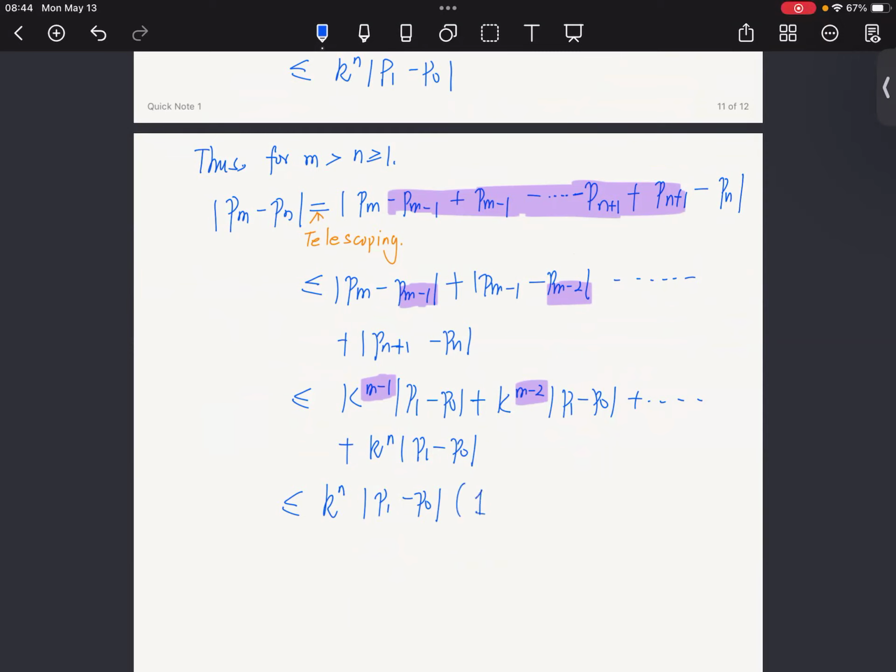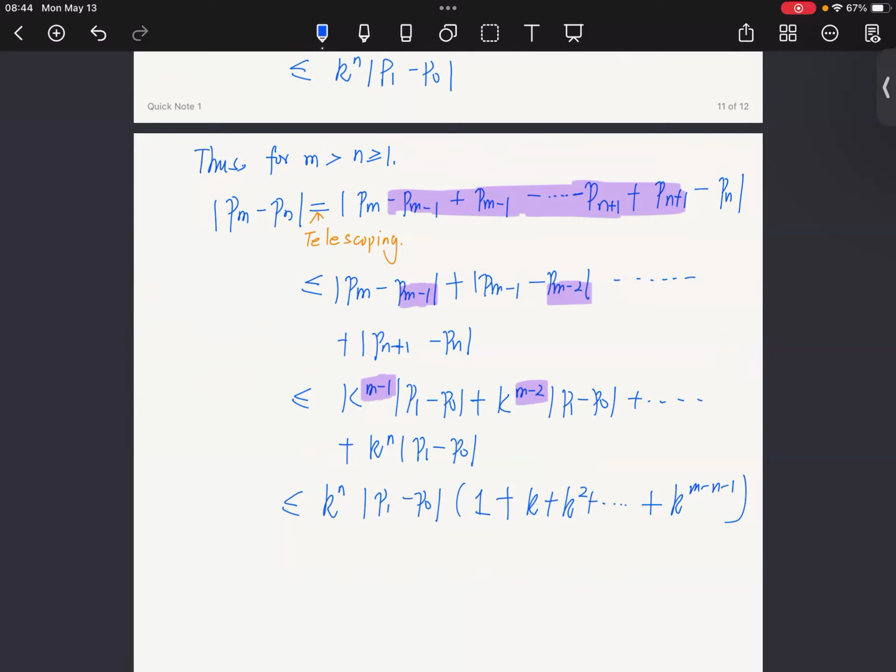For the first one, we have coefficient 1, then k, then k squared, up to k to the m minus n minus 1. The k^n times 1 corresponds to this one, k^n times k is the next one, and k^n times k to the power of m minus n minus 1 corresponds to this item.